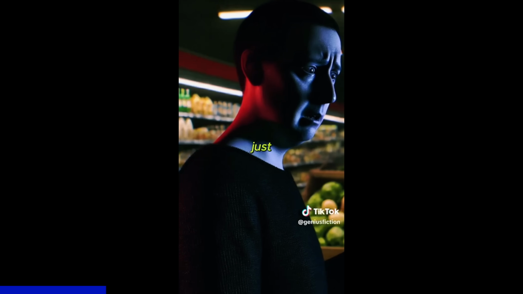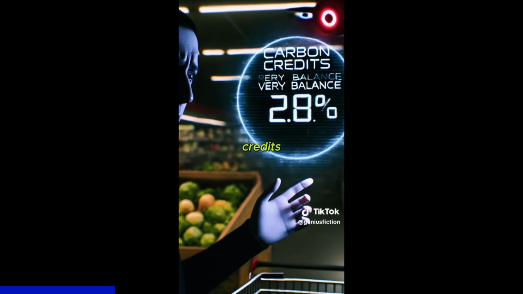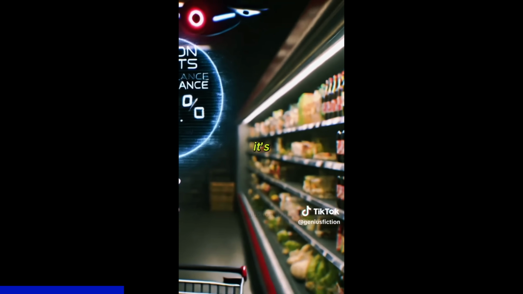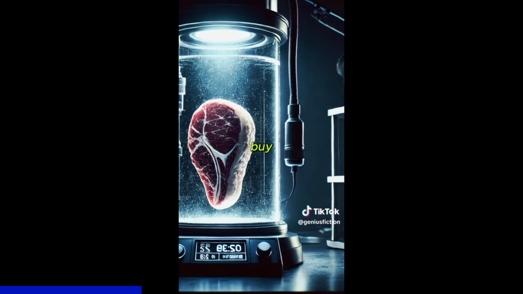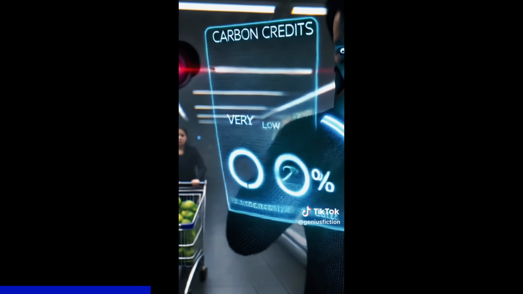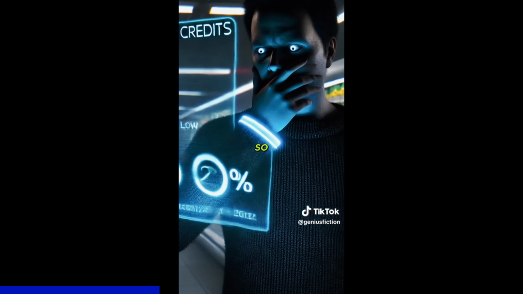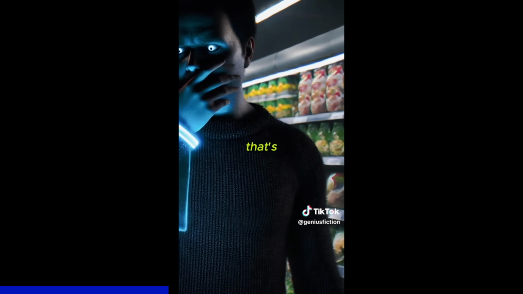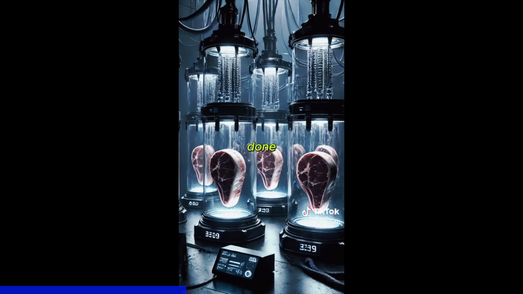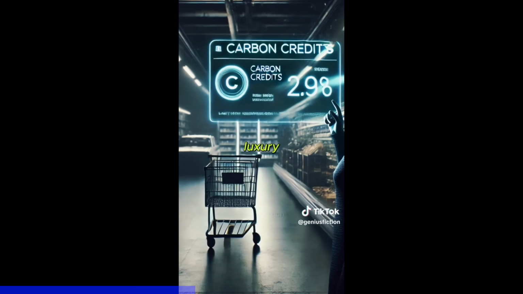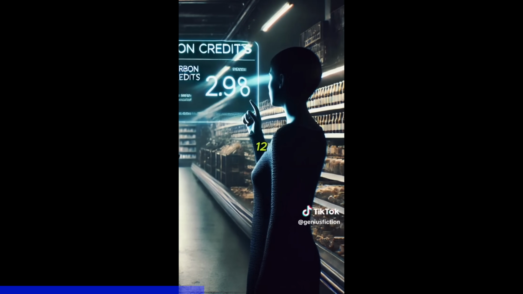See, you wouldn't just have a budget. You'd have these things called carbon credits. Every item you pick up, it's deducted from your yearly allowance. So, yeah, you technically can buy your very own lab-grown steak, but doing so would drain your credits for the year. That's right. One laboratory steak, and you're done. Goodbye to any other luxury foods for the next 12 months.